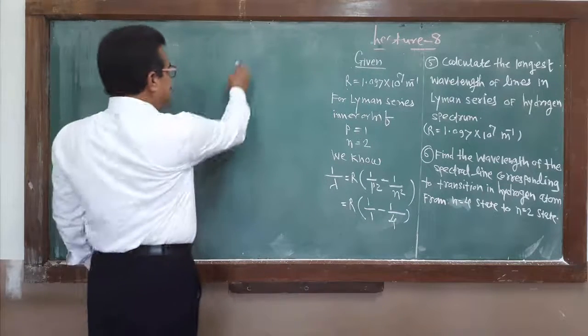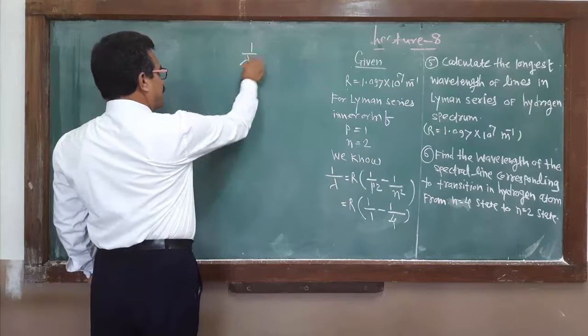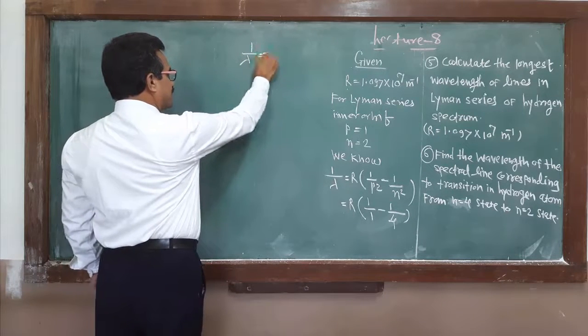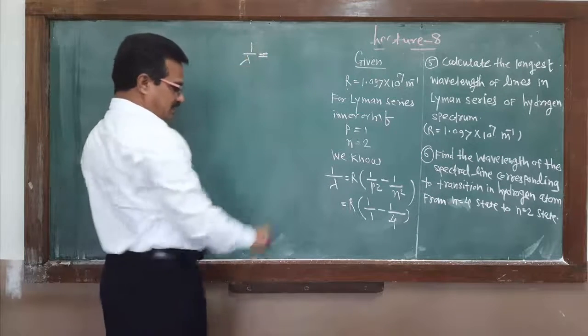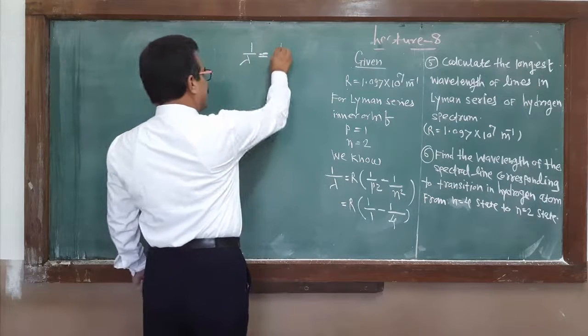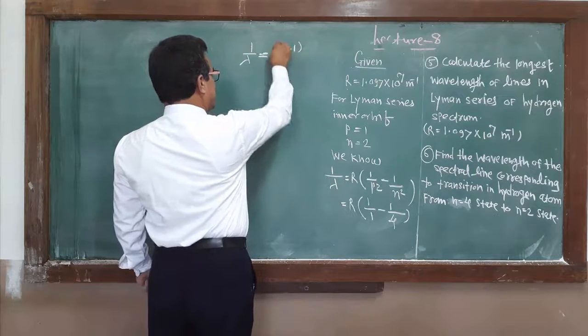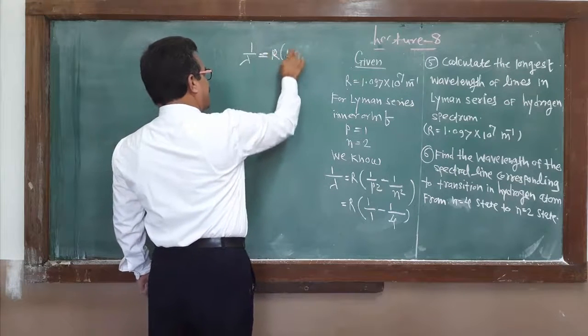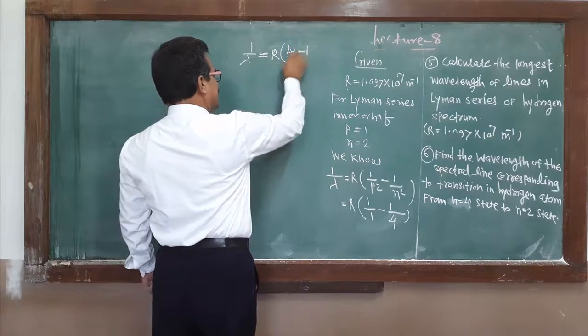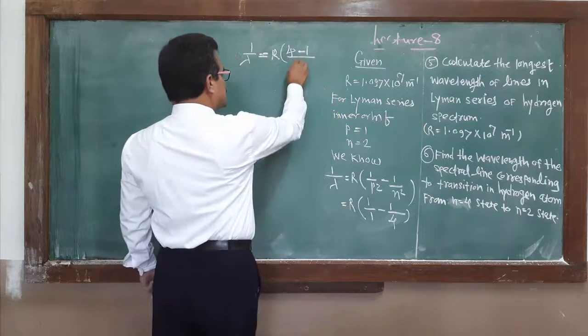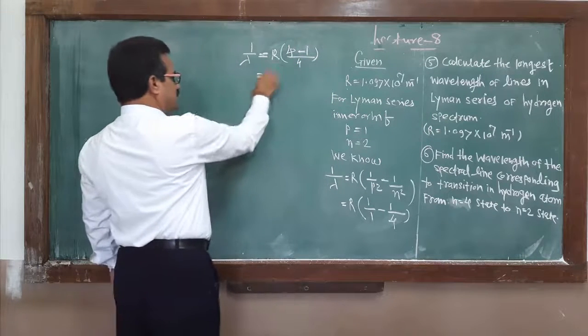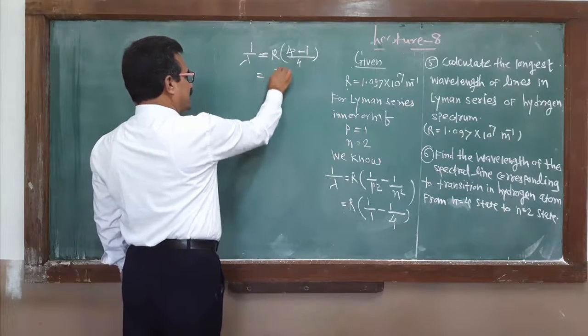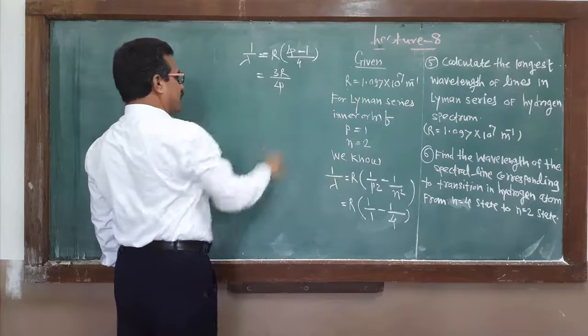So 1 upon lambda is equal to R in bracket 4 minus 1 divided by 4. That is equal to 3R divided by 4.